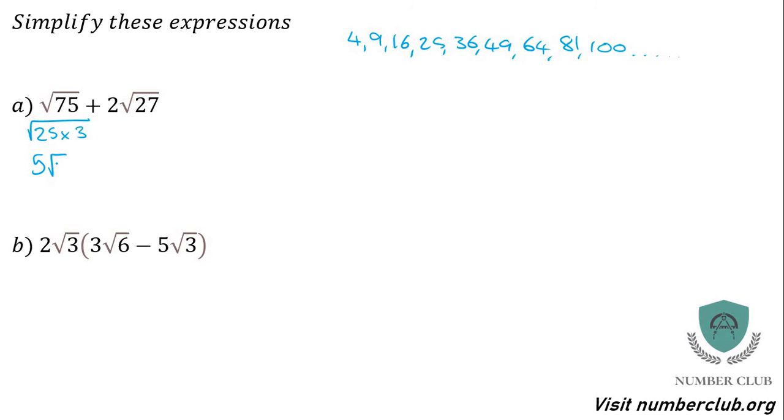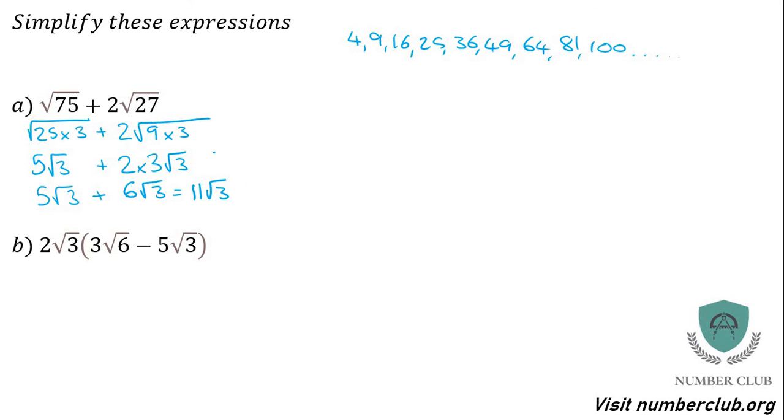Square root of 3 is just root 3. Plus 2 lots of root 27. 27 is 9 times 3, so that's going to be plus 2. Square root of 9 is 3, times 3 root 3. 5 root 3's plus 6 root 3's equals 11 root 3's.